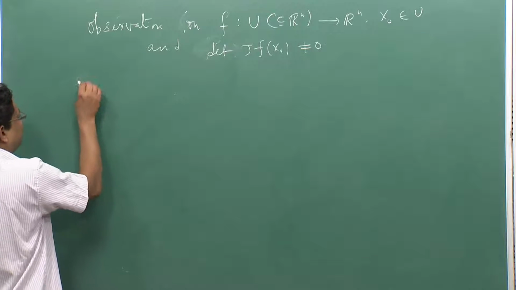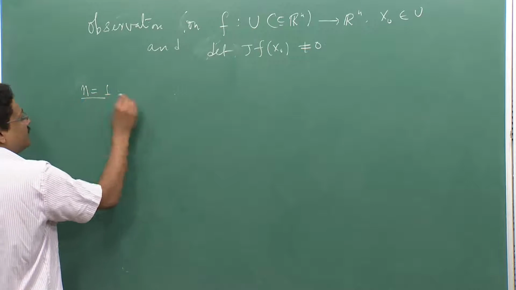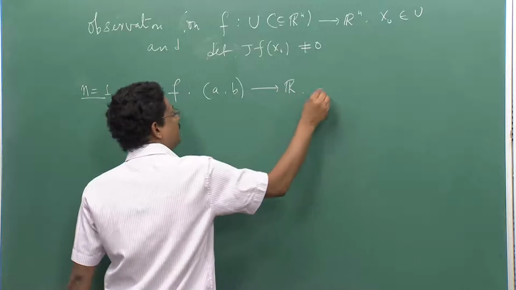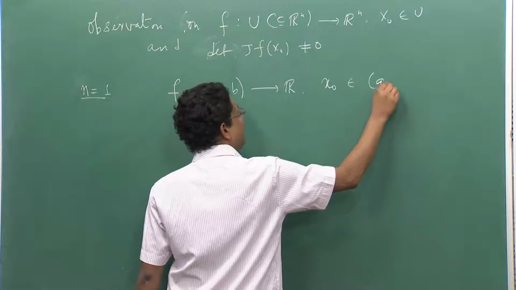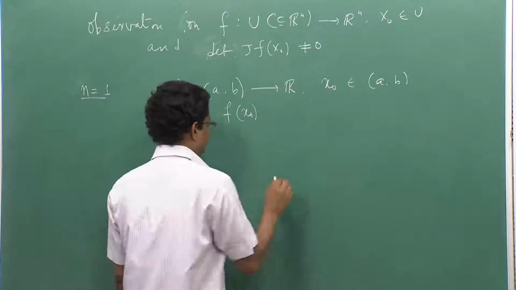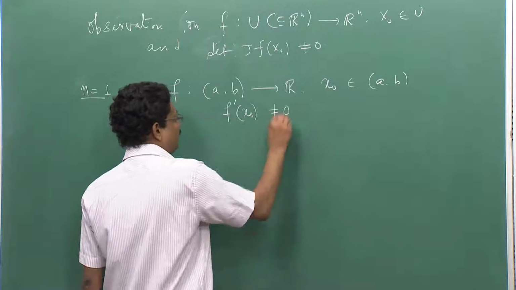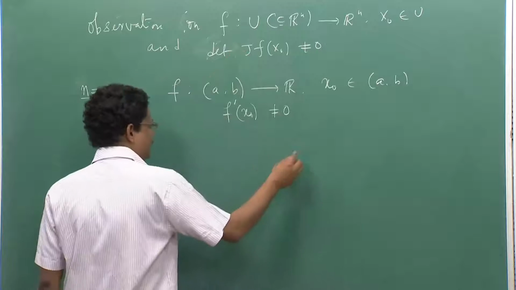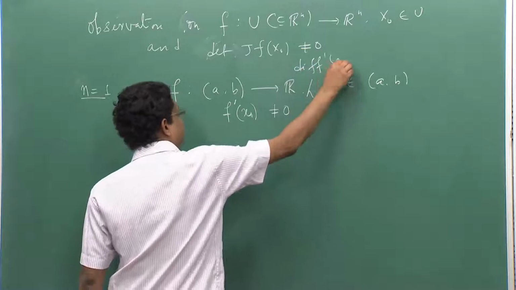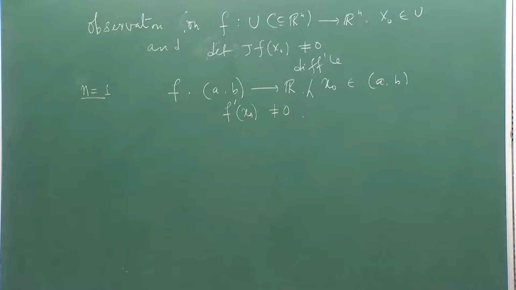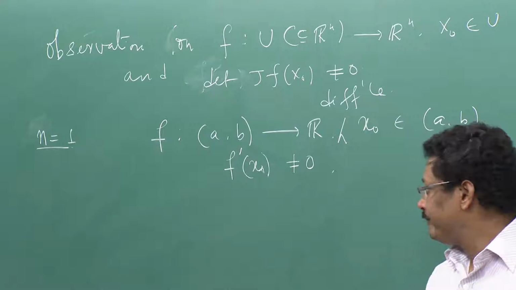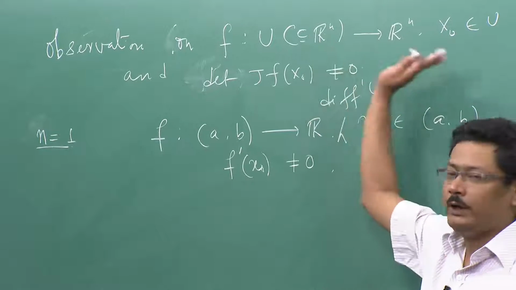So, we start with n equal to 1. Now I have f from a b to R, a point x naught in a b, and f prime of x naught not equal to 0, and I am taking f to be differentiable on the entire interval. Okay, we will make the observations 1, 2, 3, 4 in such a way that they straightforwardly generalize from n to n.